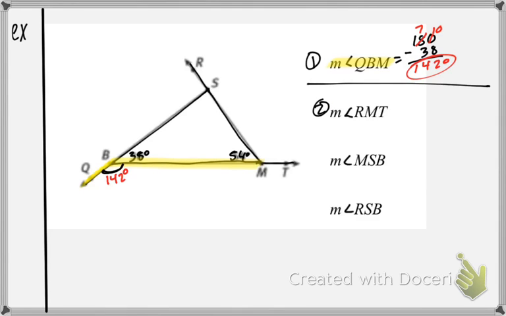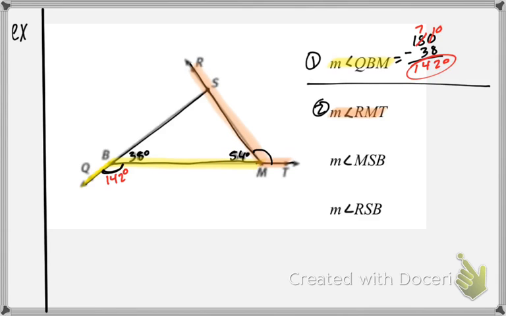Angle number 2, let's do that in green or orange. Yeah. So it says RMT. So here's RMT. So they want to know this angle right here. So luckily there's another exterior, right? So we know that 54 plus this angle, whatever it is, is going to add up to 180, right?